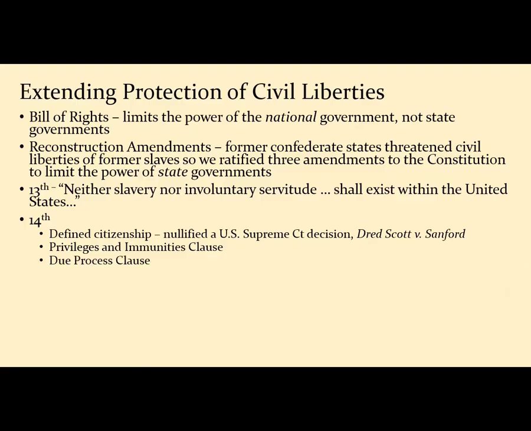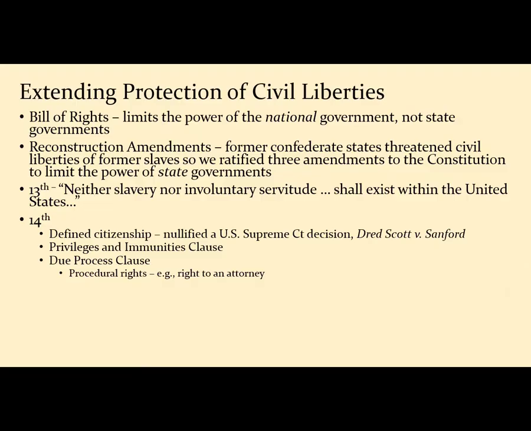14th Amendment also includes a due process clause that echoes the Fifth Amendment. We'll study the Fifth Amendment here in a minute. Language is virtually identical, but of course, in the 14th Amendment, we're talking about due process protections against state governments. And due process has two different meanings. You can refer to the due process clause when you're looking at protections that are procedural in nature, like a person's right to have an attorney present.